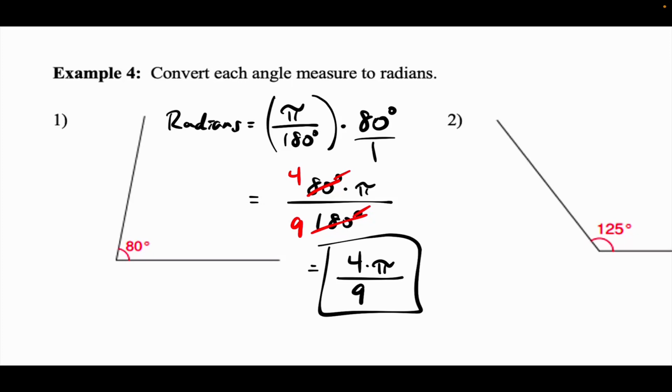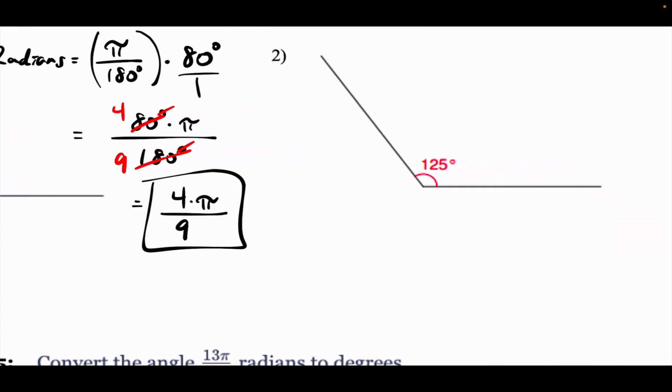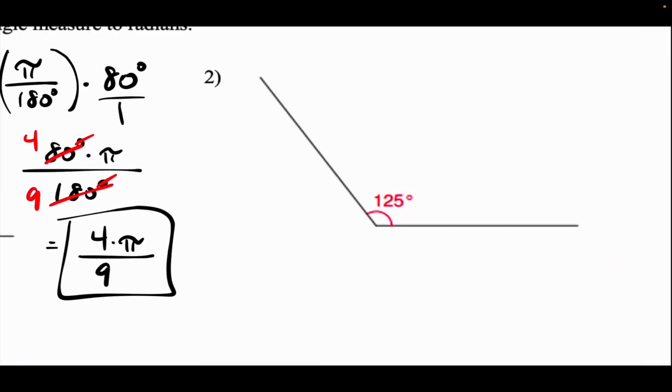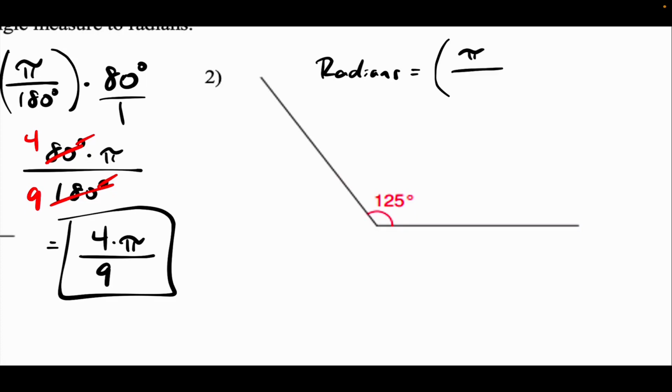Okay, let's do the second one. I'm still looking for radians, so I'm still going to use the first formula I just used. Radians equals pi over 180 times degrees, 125 degrees.